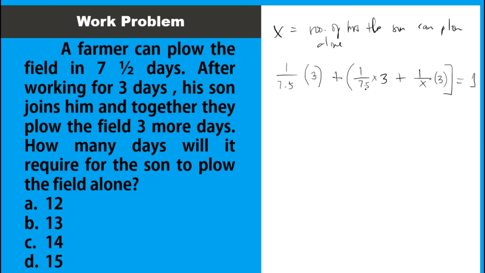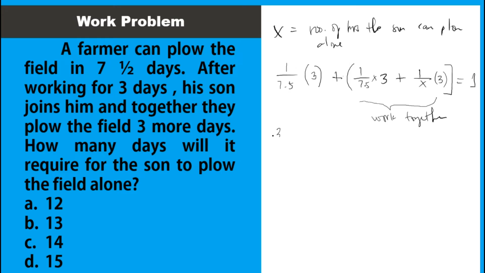Plus this portion corresponds to when they work together. The father worked for 3 days, and the son worked for 3 days. We have an unknown here, the number of days the son can plow alone, so we don't have the rate of the son. We can find that here.